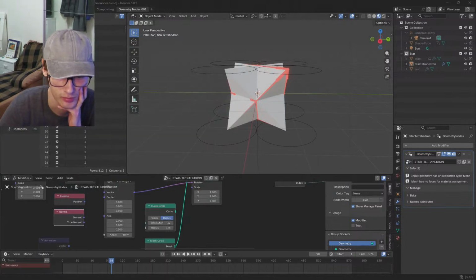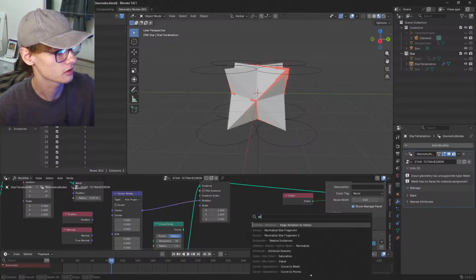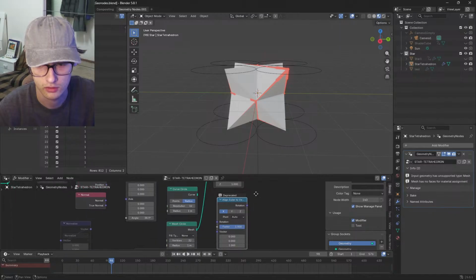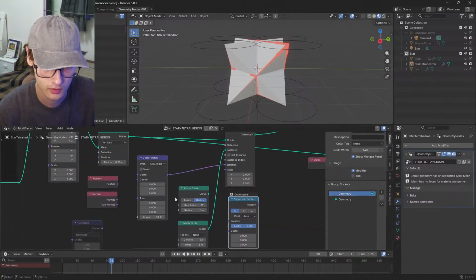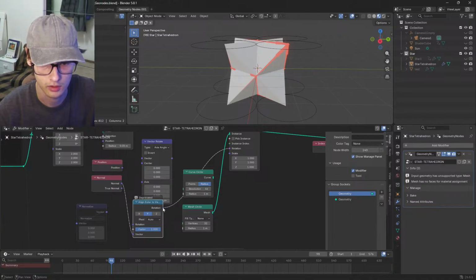Maybe this will inspire the solution. Align Euler to vector. The normal is the vector. The rotation is... Oh my god.